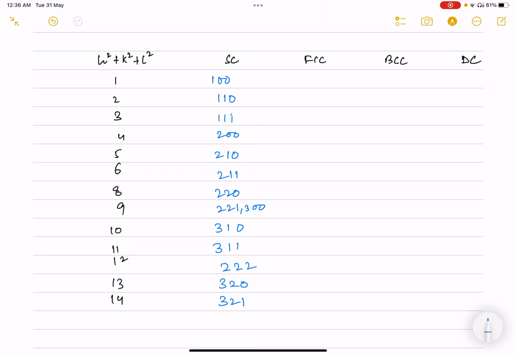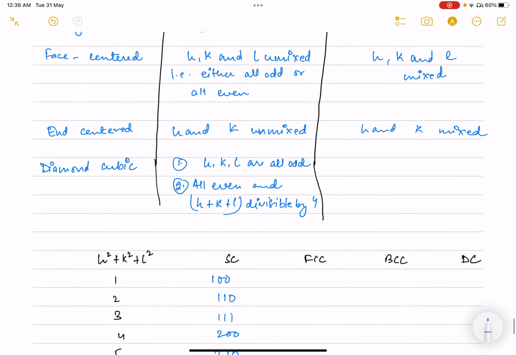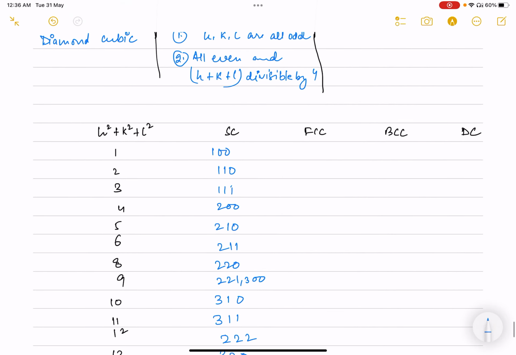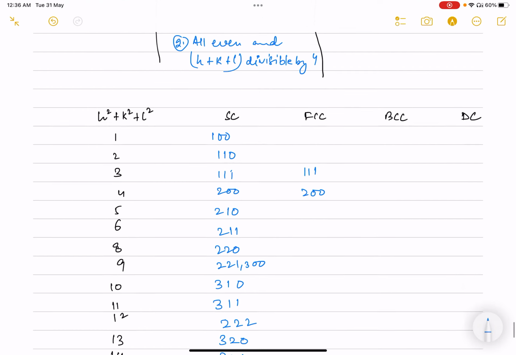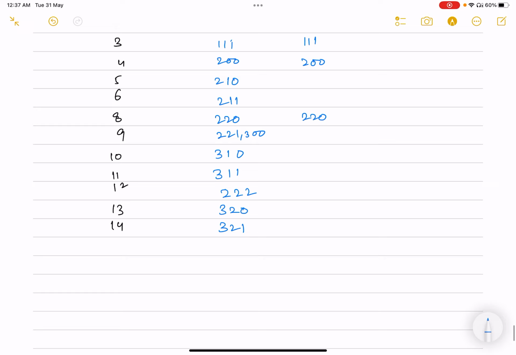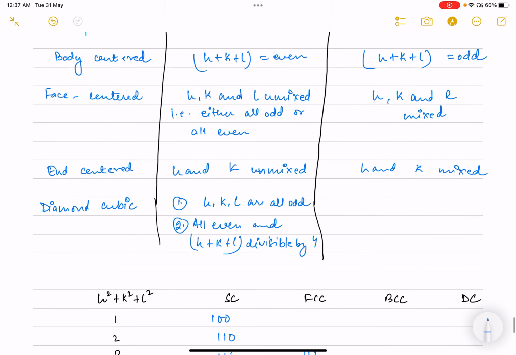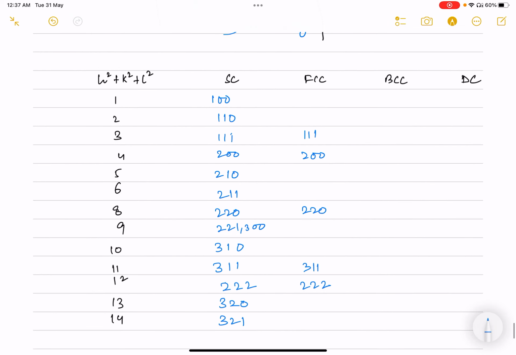But in FCC you have H, K, L unmixed. So unmixed is 111, then 200, 220, then 311, 222. Okay. And for BCC you have their sum should be even.